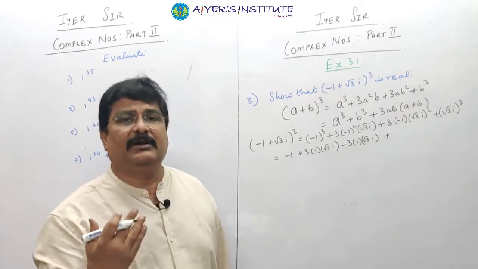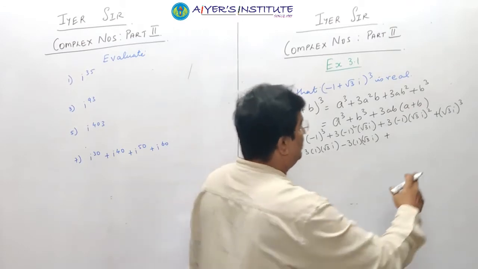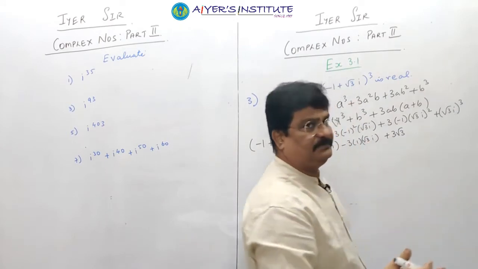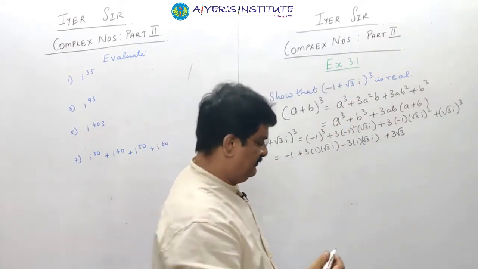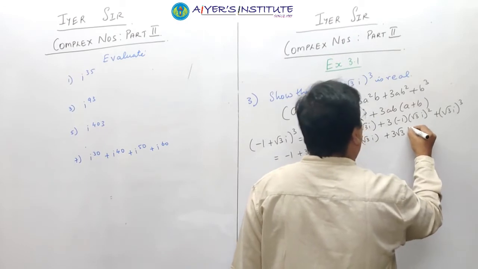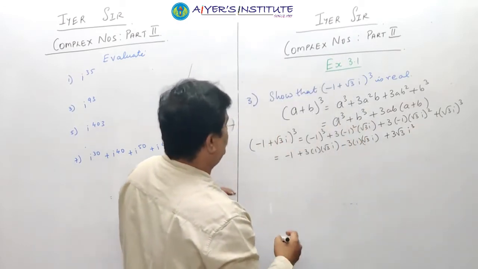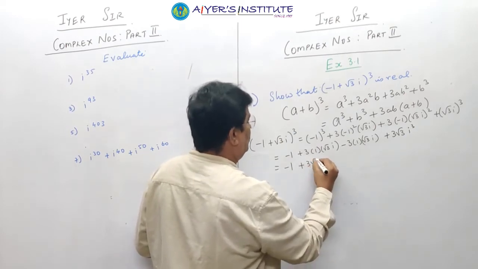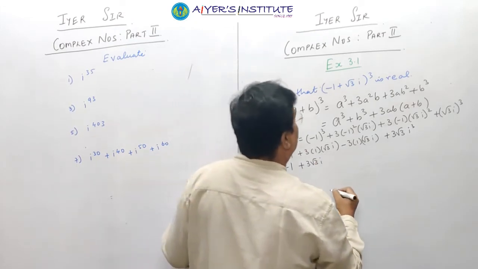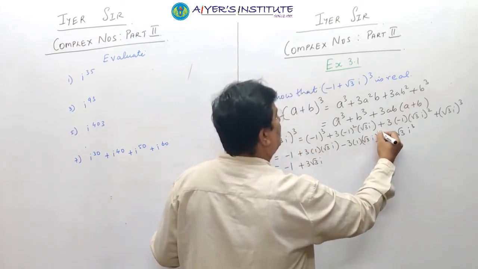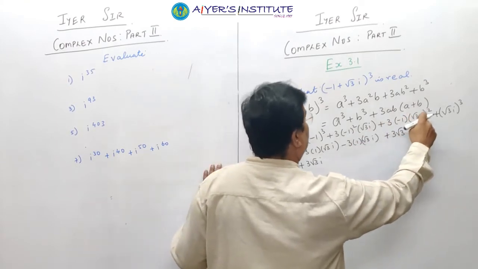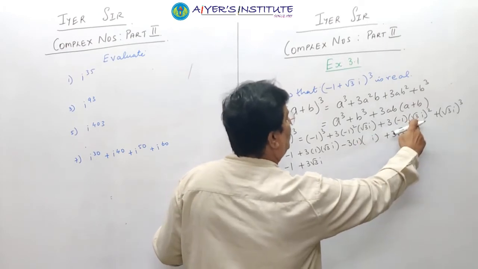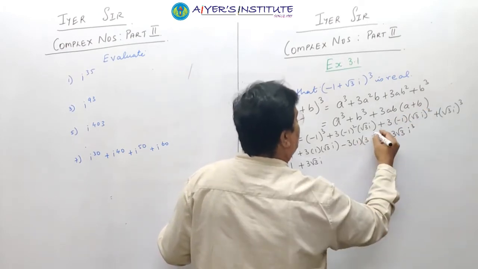So root 3 into root 3 will become 3. So this will become 3 root 3 i cube. So i square is minus 1. Let it be, we write it this way. So this will become minus 1 plus 3 root 3 i. And here there was a square, so root 3 squared will be 3, i squared will be i square.